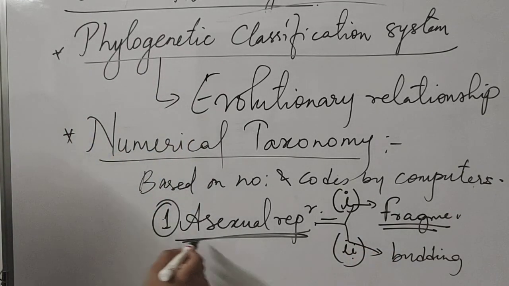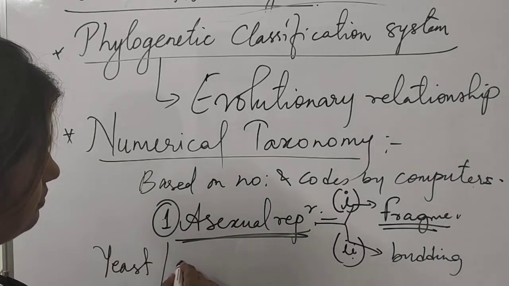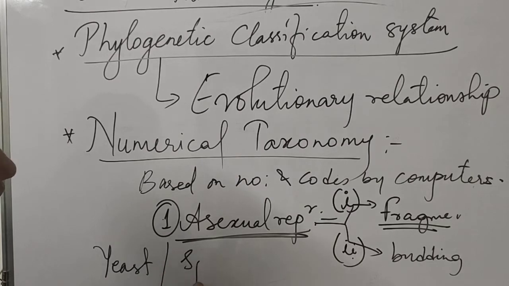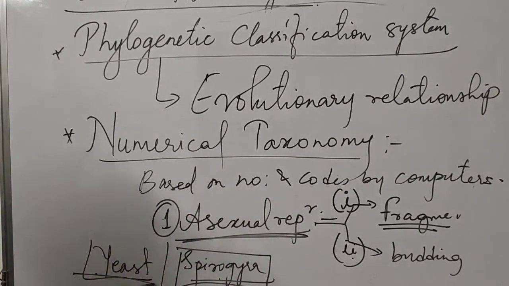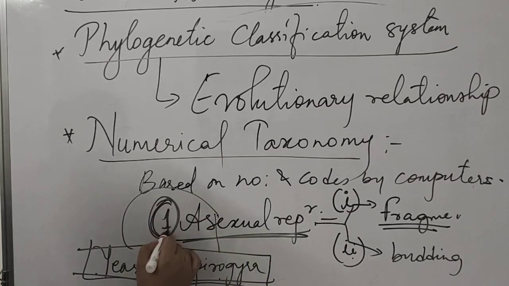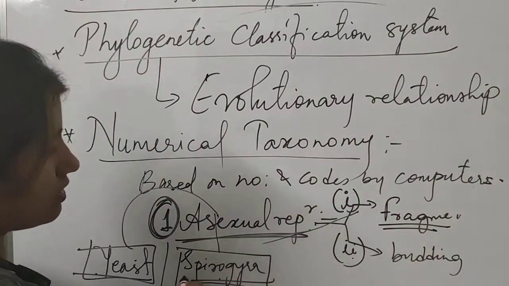Then we take an example of yeast, and we take an example of spirogyra. Spirogyra is an algae, yeast is a fungi. Both of them opt for asexual reproduction. So in that case, both yeast and spirogyra, the numbering is the same, but their mode of asexual reproduction is different.